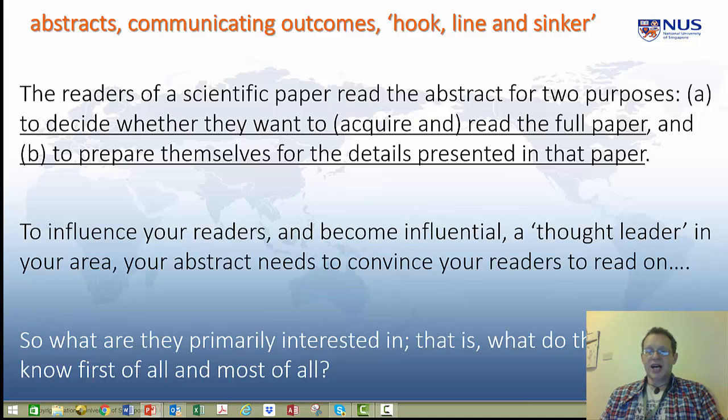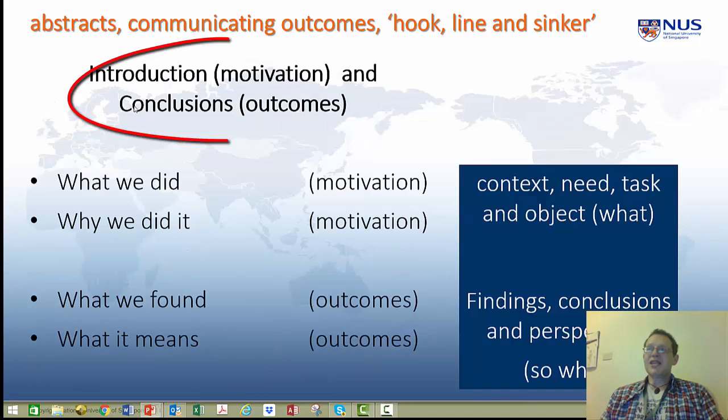Well, you'll be unsurprised to know there's been quite a lot of work done addressed to those questions. And the primary interest of a reader is the motivation and the outcome. These are what your reader is interested in. The introduction, they want to know about the motivation, and they want to know about the conclusions, the outcomes.